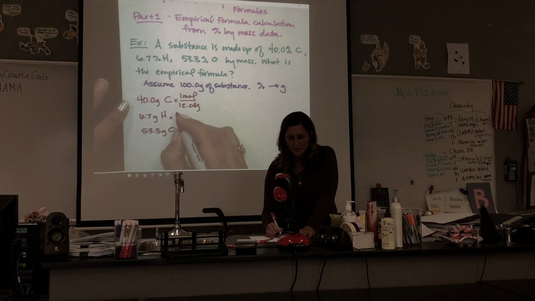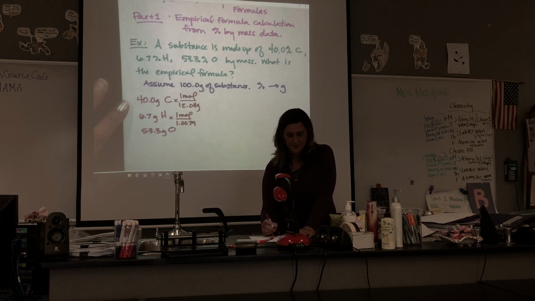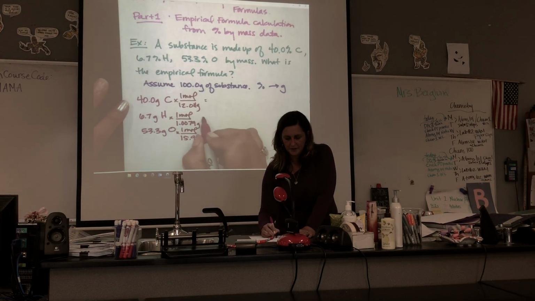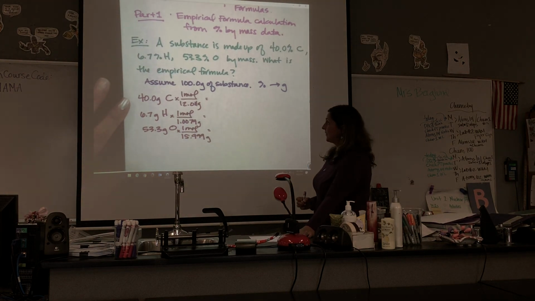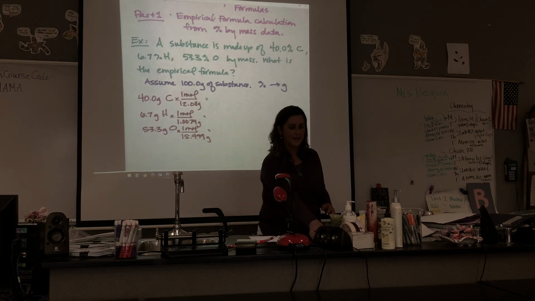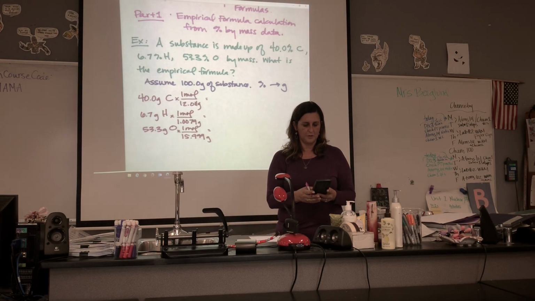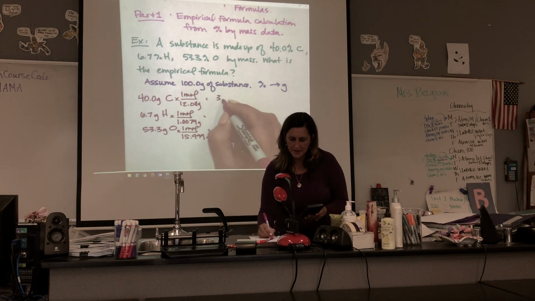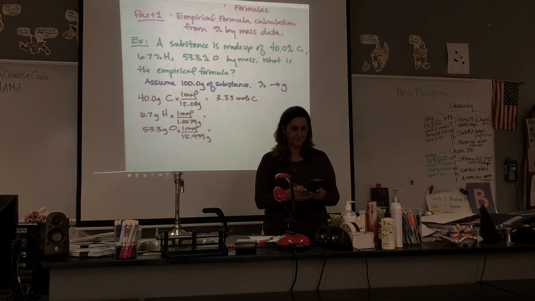I always say, when in doubt, convert to moles. When not in doubt, convert to moles anyway, because that seems to be the first thing we always do, just to put everything on a level playing field. So we've got our molar masses and our grams here. And this is going to give me 3.33, and this is moles of carbon.